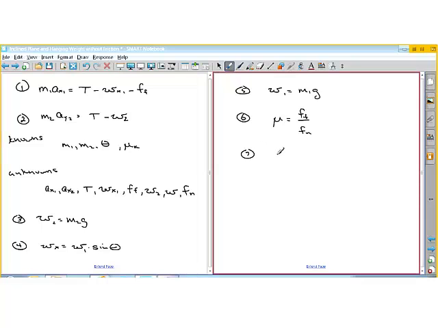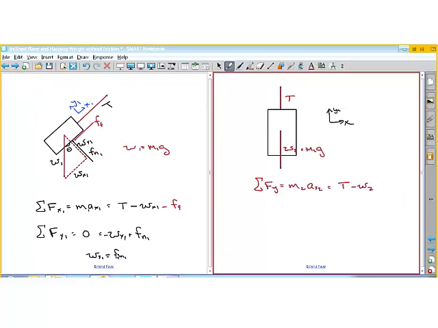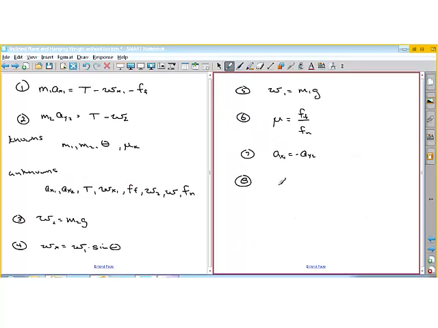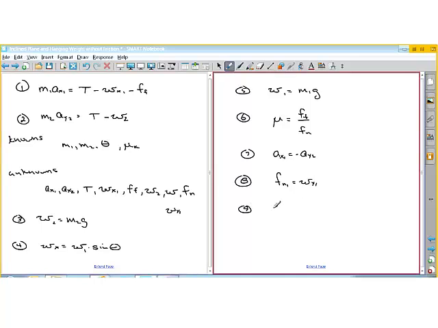So let's do the acceleration one. a sub x1 is equal to negative a sub y2. So my last equation is from the sum of the forces in the y direction, which said that the normal force is equal to W sub y1. Okay, I got another unknown, W sub y1.